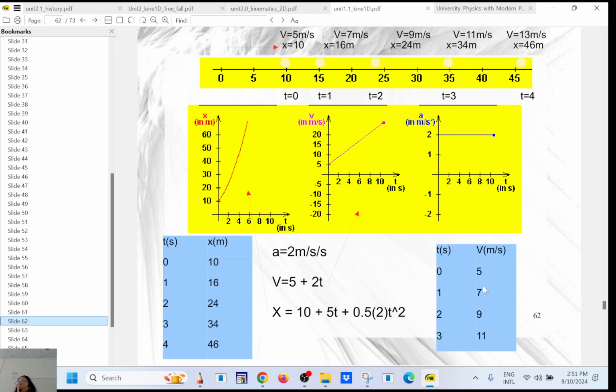So the slope is 2. Okay? So if you do a graph, velocity versus time, the y-intercept is going to be your initial velocity when you start your stopwatch. So that's going to be 5. Okay? And what do you think the slope is?